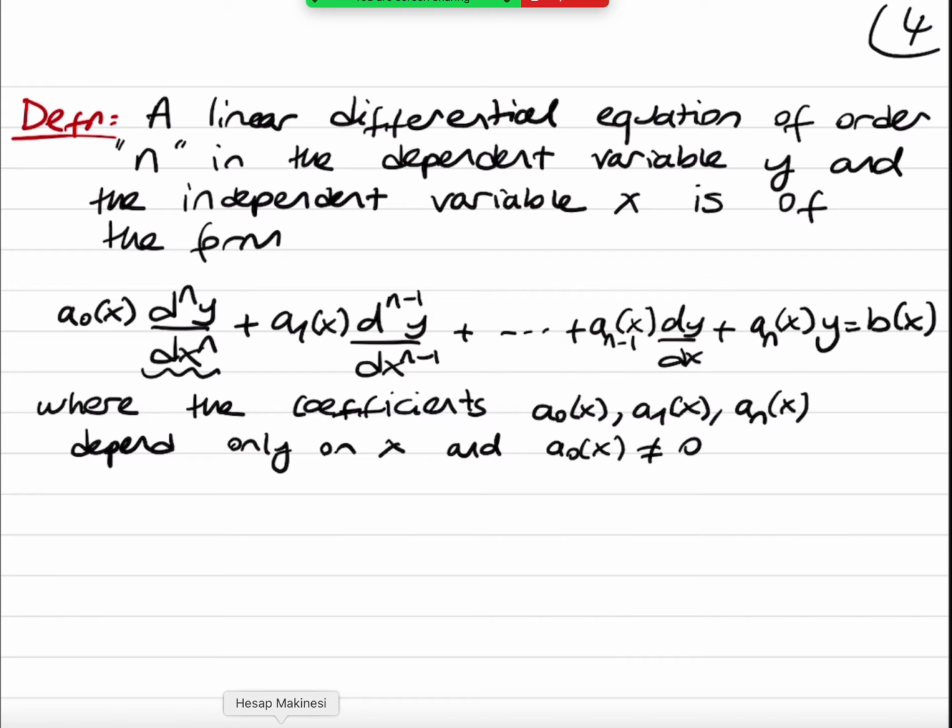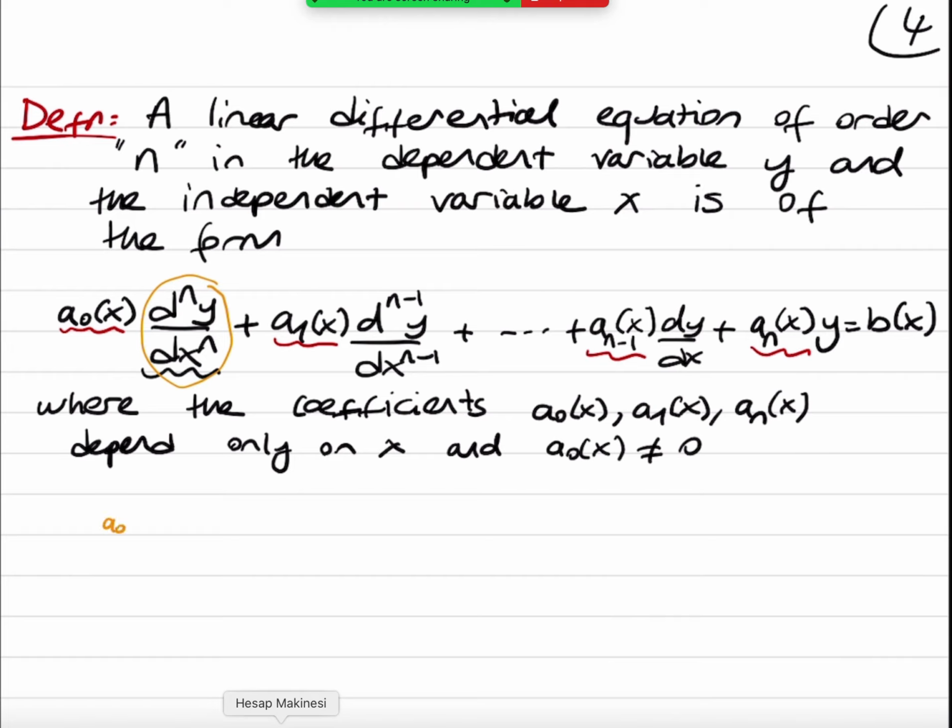So, linear differential equations. We have an ordinary differential equation, and these coefficients depend only on x. Here we have the nth derivative.